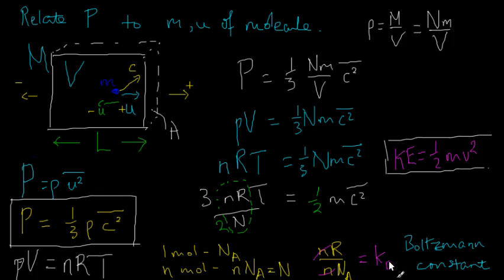So that simplifies this. Instead of these 3 symbols, I can just replace that by just one constant, Kb.